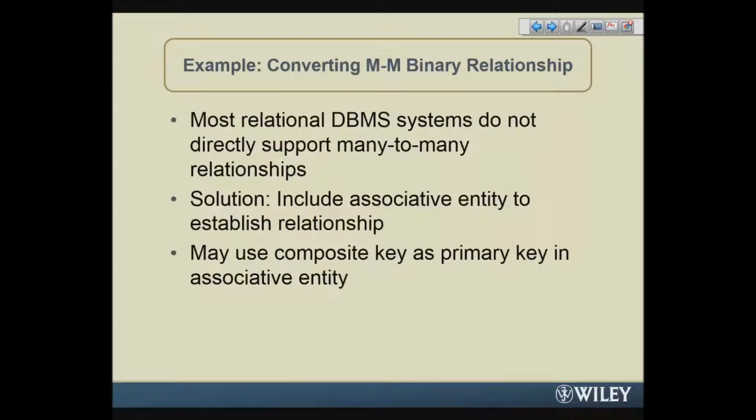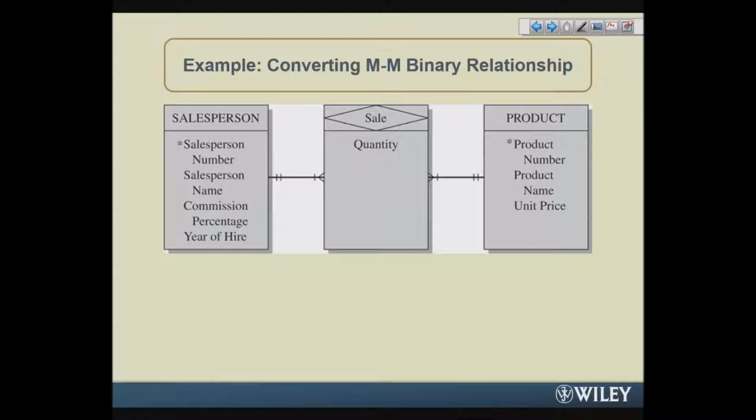So now we need to understand that many relational database management systems don't allow many-to-many relationships, and they don't support that. That's why we need to create that associative entity, and this is how it will look. We have quantity.